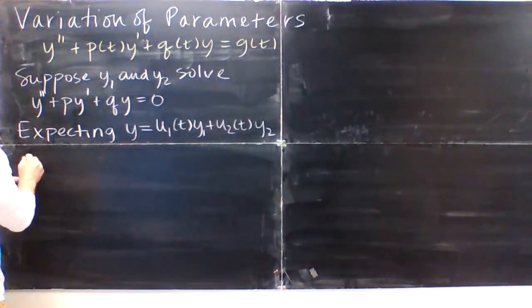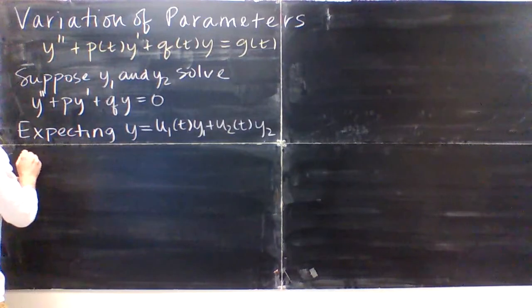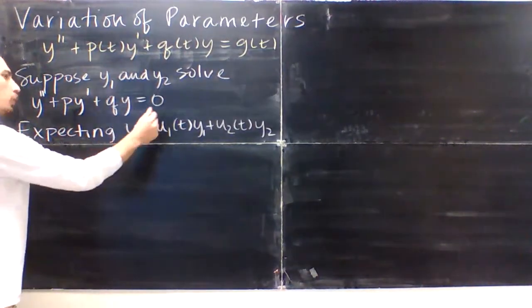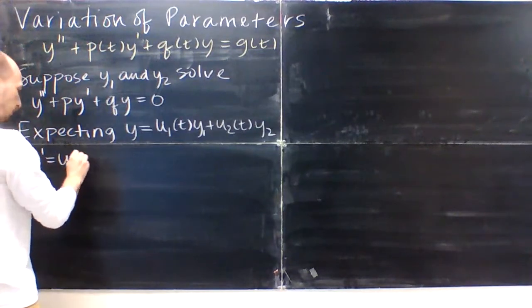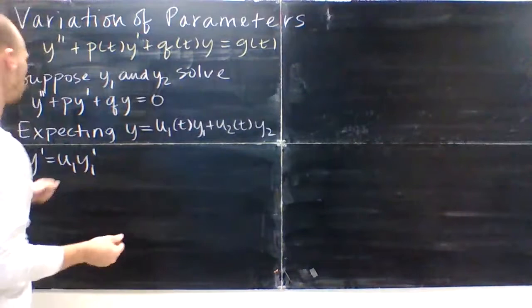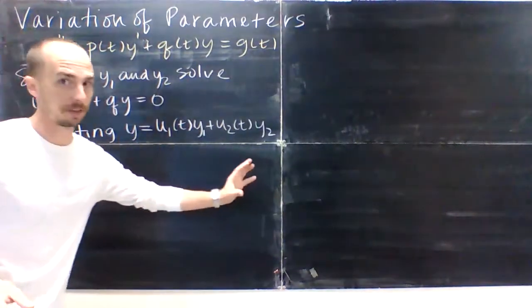So this means that y prime is going to be u1 y1 prime. And again, just like before, I know that there's the product rule. I know there's going to be u1 prime y1, I'm going to save that till the end.